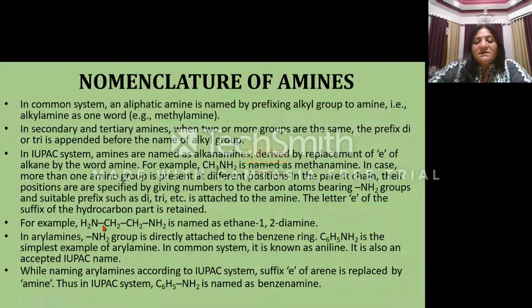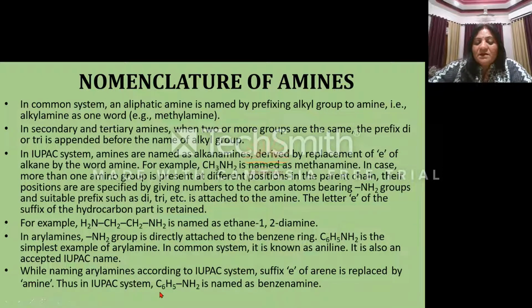In aryl amines, the NH2 is directly attached to the benzene ring. So the simplest example of aryl amine is aniline, C6H5NH2. Aniline is the common name. It is also an IUPAC name, but we can name IUPACly as benzene.